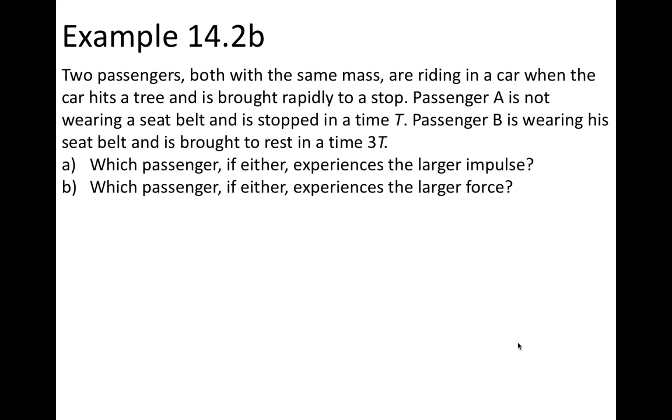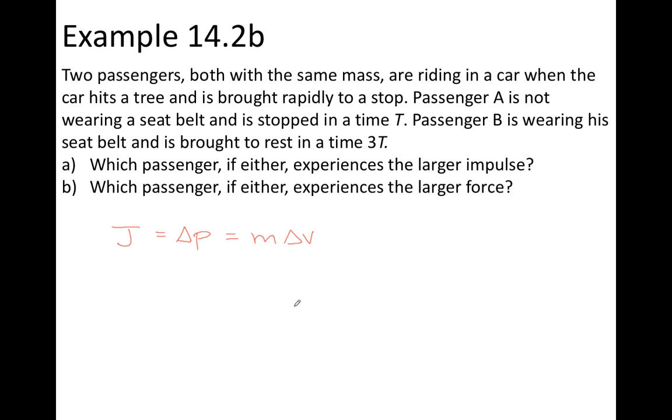So, part A, which passenger experiences the larger impulse? Well, impulse is the change in the momentum. And the change in the momentum is the mass times the change in velocity. Now, both passengers have the same mass.